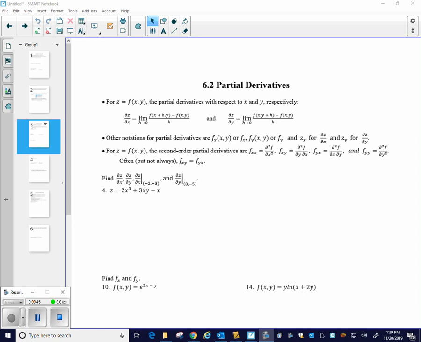Ultimately, the general idea is that you want to figure out how something changes if we assume that everything else, even if they're variables, are constants. And I know that's kind of an odd idea.